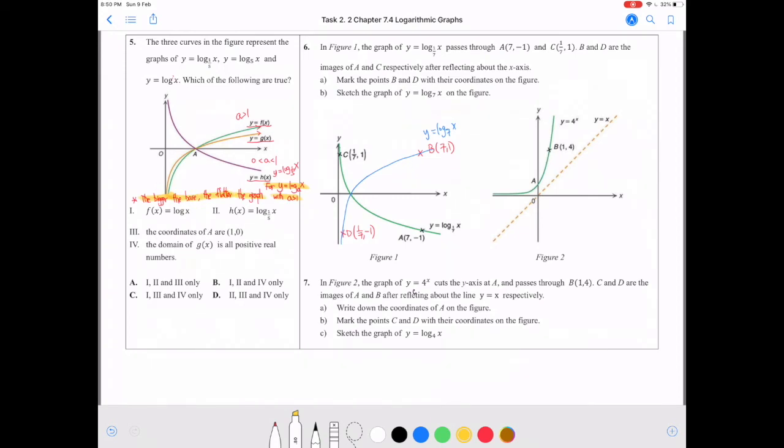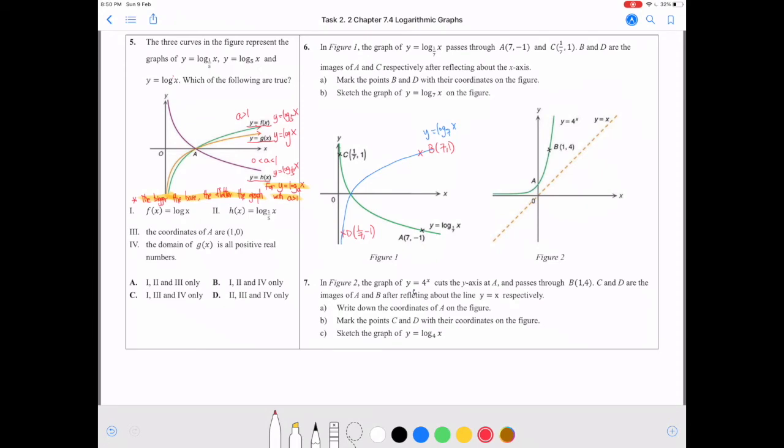What does that mean? The graph of y equals g(x) is flatter. That means its base should be the bigger one. So this should be log x, because the base is 10. So y equals f(x) should be y equals log base 5 of x.